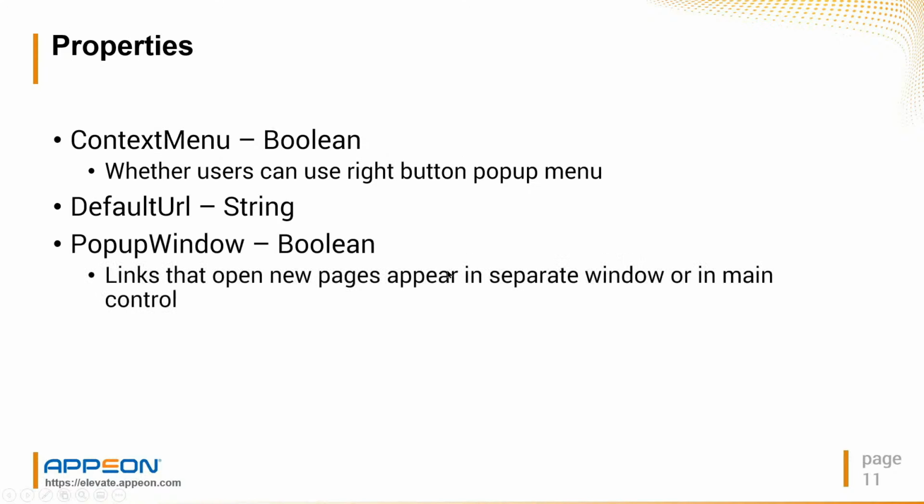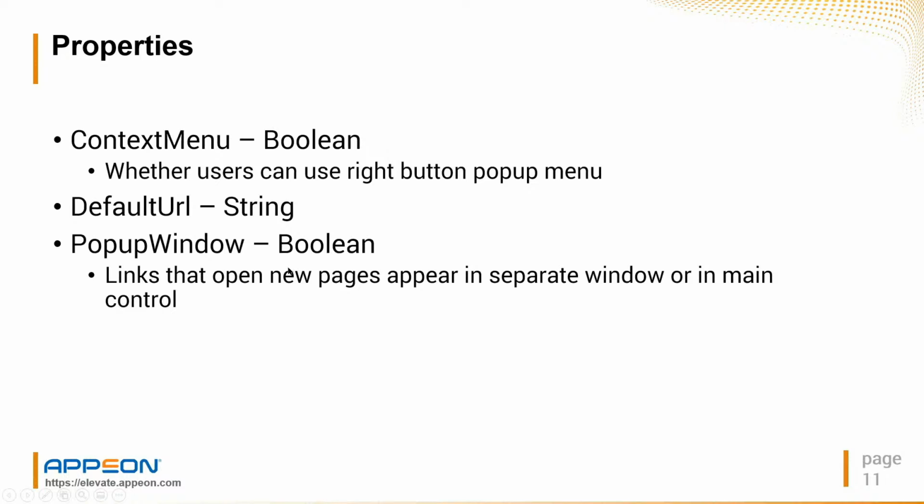And the pop-up window. What this has to do with is if you click on a link that is set to target new, in other words, what it would do in most browsers is open a new tab and display the page in that new tab. This controls what happens with the web browser when you hit one of those links.